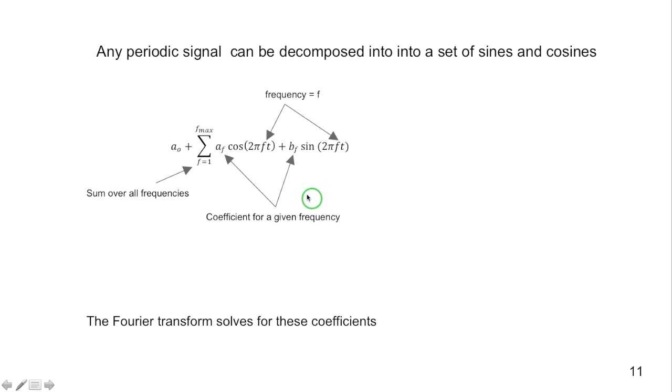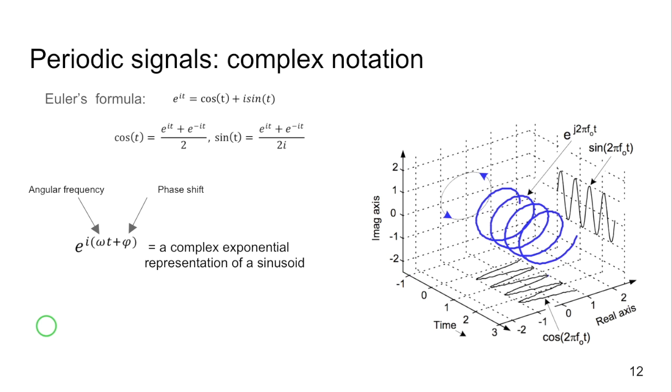So again, we have a sum across many frequencies, a cosine and a sine. We're solving for our coefficients. Periodic signals have an alternative notation as complex exponentials. So this comes from Euler's formula here. e to the it equals cosine of t plus i sine t.